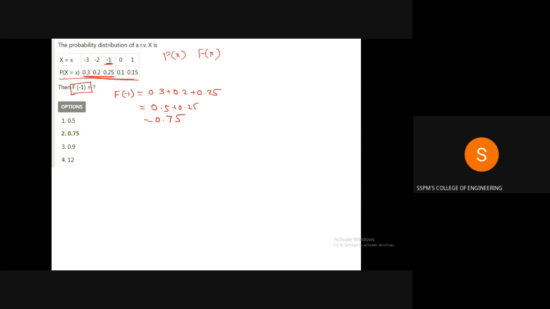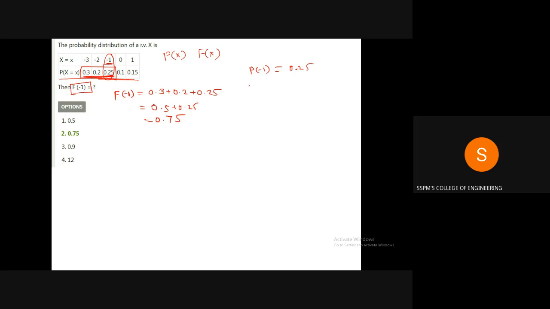Remember this: if the probability of minus 1 is asked, it is just this number, 0.25. But when F of minus 1 is asked, you have to add all the probabilities that precede the given value, so the probability of minus 1 is preceded by 0.3 and 0.2, and you add all these values.